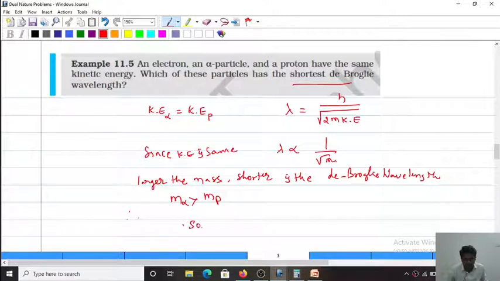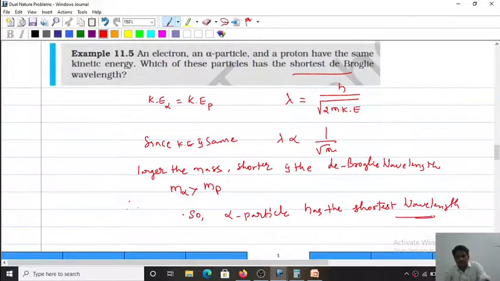Therefore, the alpha particle has the shortest wavelength. That's it, no need to solve this problem.